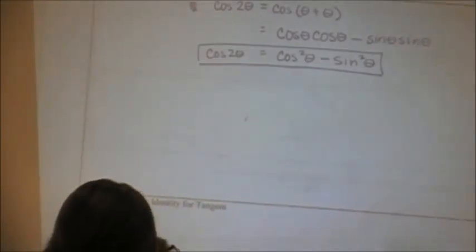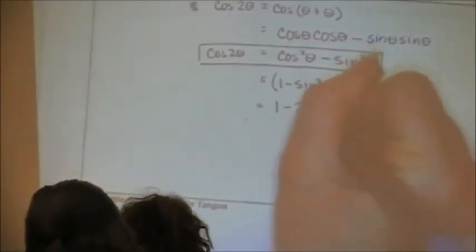Cosine squared theta is the same thing as 1 minus sine squared theta. So I can take cosine squared theta out and put 1 minus sine squared theta in its place. And then that simplifies to 1 minus 2 sine squared theta.